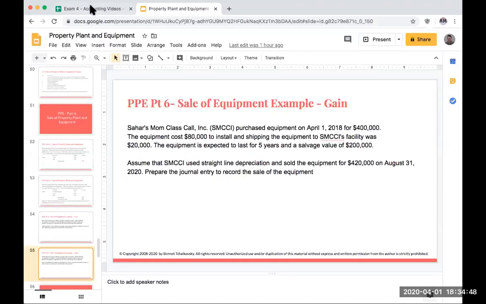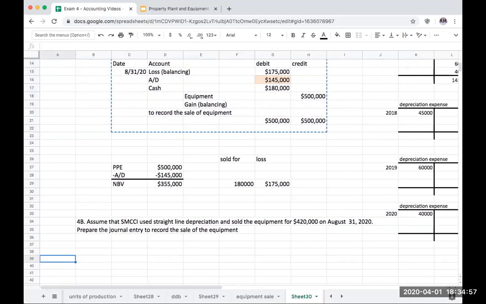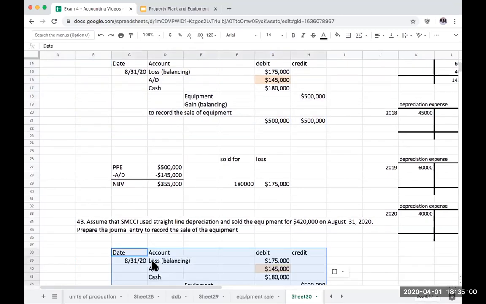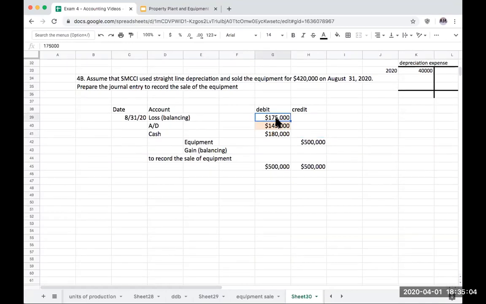So instead of selling it for 180,000, what I am now doing is selling this for 420,000. Okay, so what's exactly changing? Well, the gain or loss are balancing. And so my cash that I'm receiving is 420,000. Again, accumulated depreciation is not changing. We're just changing the amount that we're selling the asset for.